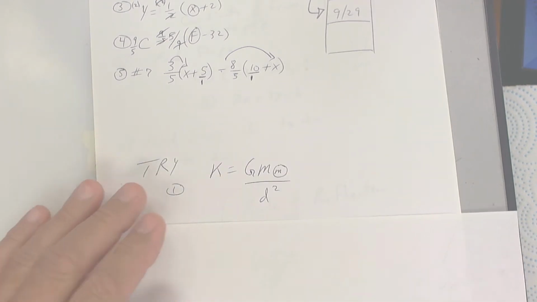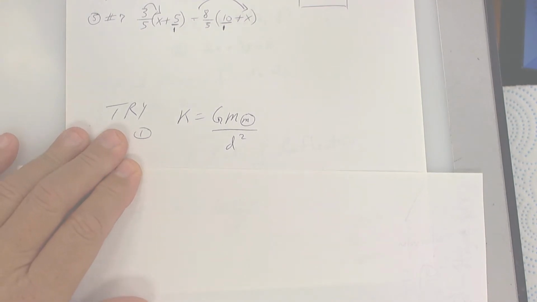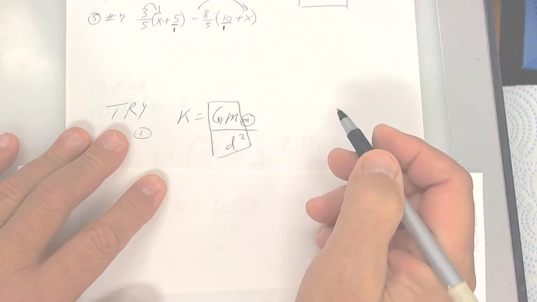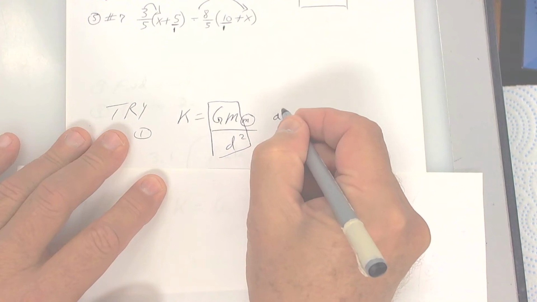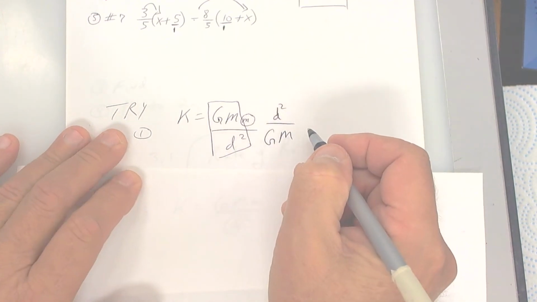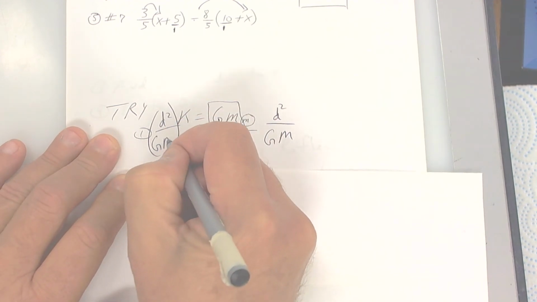Try this one on a new sheet of paper. To work this one, what you would do is you could just multiply by the reciprocal and get rid of that. So I would do d squared over gm. So d squared over gm.